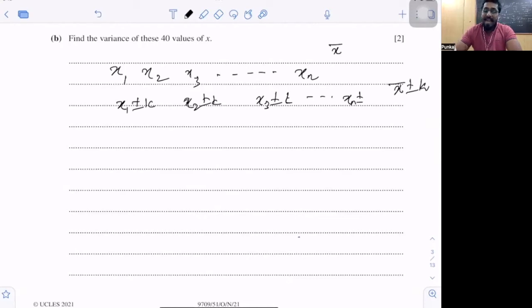But students, the standard deviation does not change. The standard deviation does not change. It remains the same. Sigma x and sigma capital X are equal.